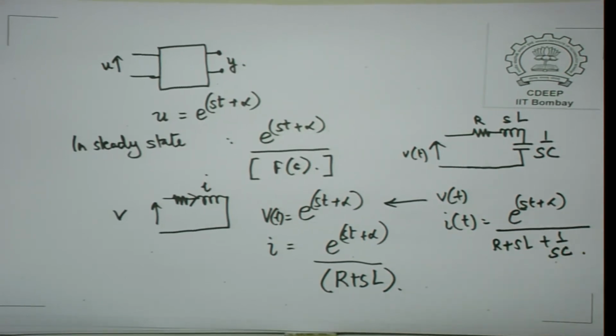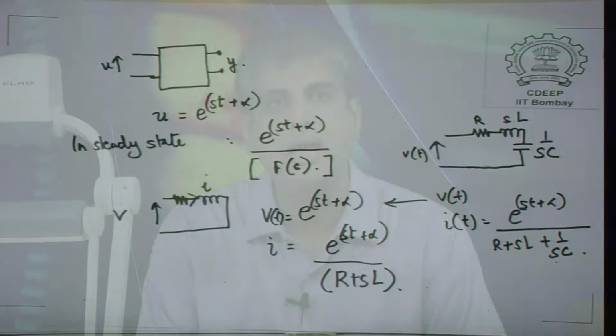And interestingly enough, the DC situation is obtained by putting S is equal to 0, and if you want to look at an AC, that is if you want to look at one sinusoid, then you plug in S is equal to j omega.